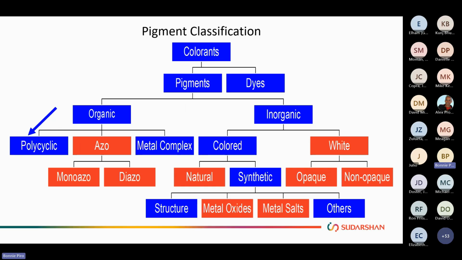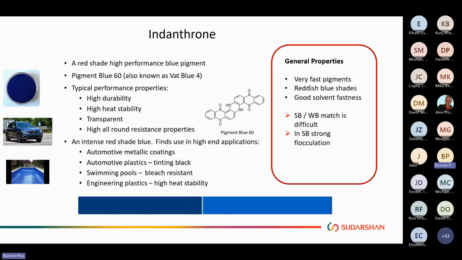So if we switch over to the other organic in the polycyclic area, we will find the indanthrone, better known as Pigment Blue 60. This is one of those very red shade high performance pigments. It has a lot of unique characteristics from a technical side that make it very important in different application areas.